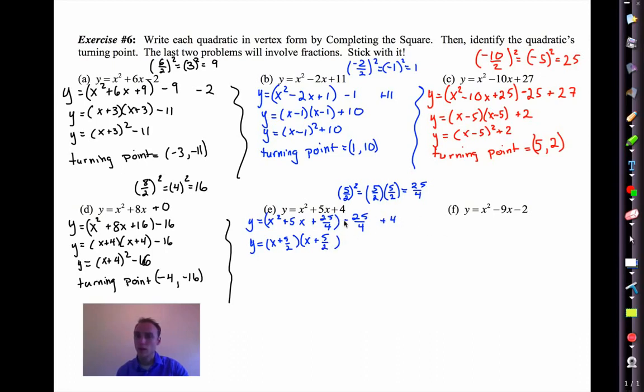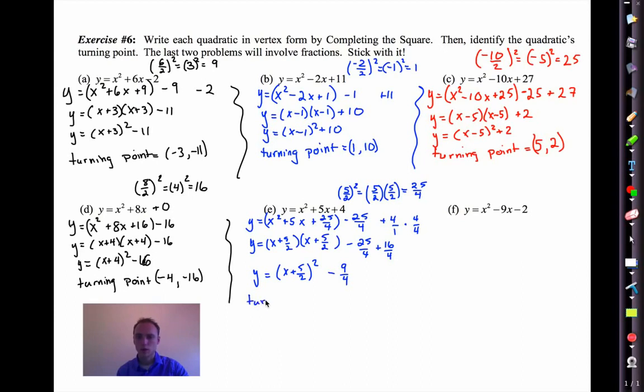And now I want to combine these two, right? Well, if you guys remember, this is 4 over 1. So if I multiply this one by 4 over 4, we'll have the same denominator, right? So I'll get minus 25 over 4 plus 16 over 4. When I combine everything now, I'll get x plus 5 halves squared minus 9 over 4.